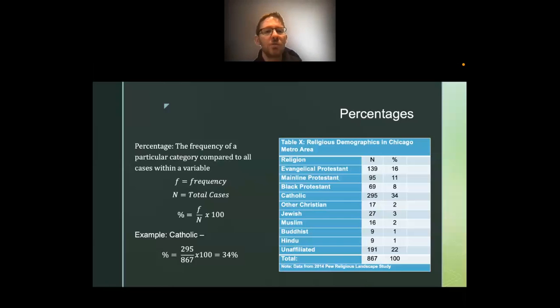So in this case, for Catholic, it would be taking 295 and dividing it by 867. And then to get the percentage, you multiply it by 100. So in this case, 34% of Chicago is Catholic. So to find a percentage, you take the frequency of that category and divide it by the total number of cases in the full variable.